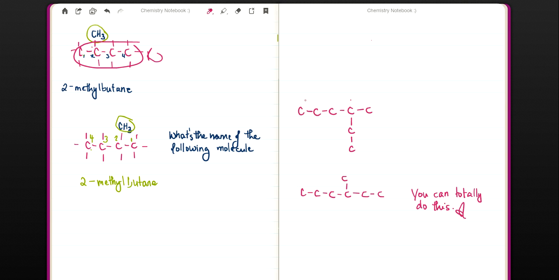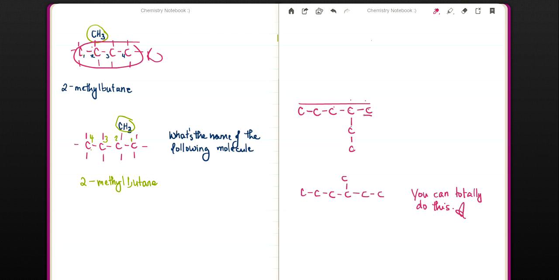I'll give you 2 seconds. Well, since I see groups hanging off here in this region, I'm going to start counting from this end. So I see 1, 2, 3, 4, 5. That's one chain, right? And I have 1, 2, 3, 4.